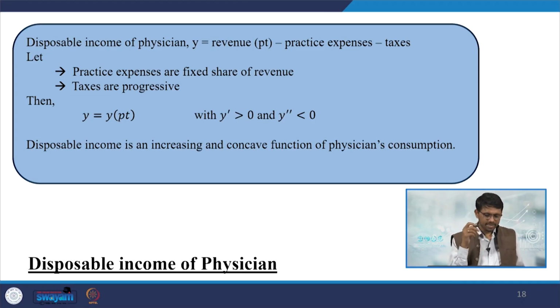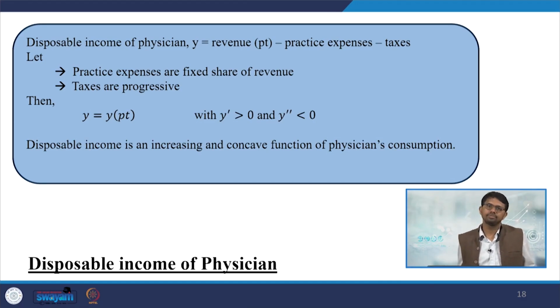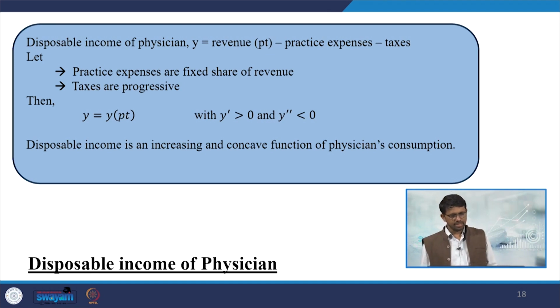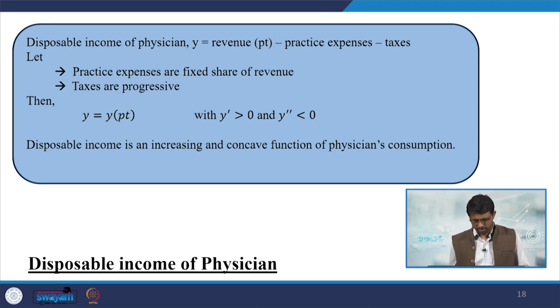So, Y is a function of PT, and you can see the first derivative is positive: as income increases, the slope is positive and the physician's income rises. Then the second one reaches a maximum, and there is a possibility of a declining trend, as is typical with the income function.